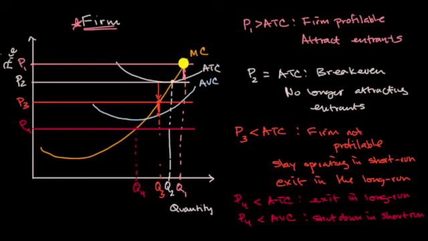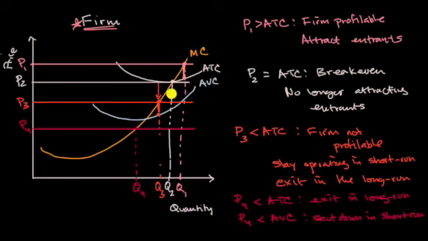So big picture, from a firm's point of view, you obviously want to be at P1, where you make a profit, but you might attract entrants. At P sub 2, you as a firm in the long run are neutral between exiting the market, entering the market, or other people entering the market. You're at break even. At P sub 3, in the long run, you'd want to exit because you're not profitable if the prices stay at P sub 3.